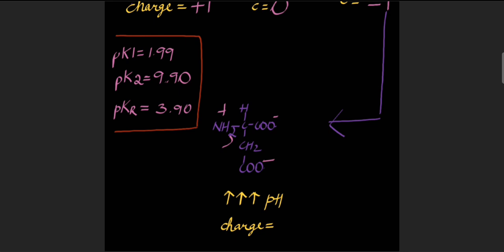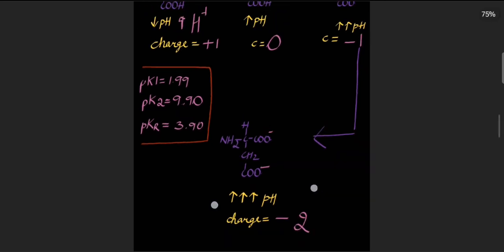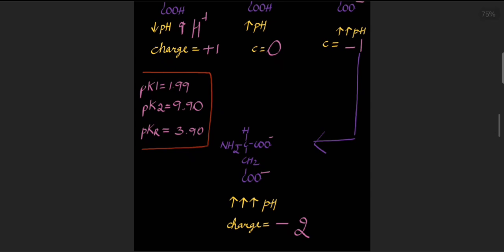So now it will be NH2, right? So what will be the charge of this molecule? This will be -2, right? So are you able to understand what I'm trying to say?